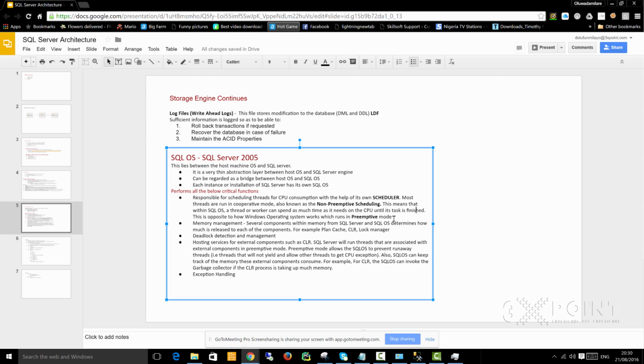Now, the preemptive mode is such that it encourages something called context switching.